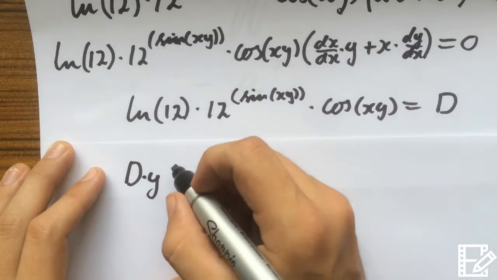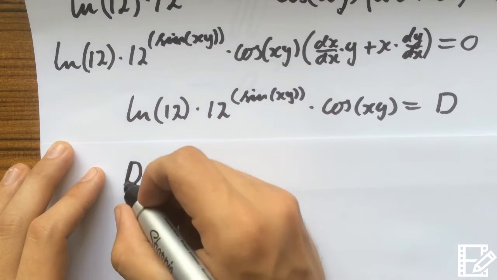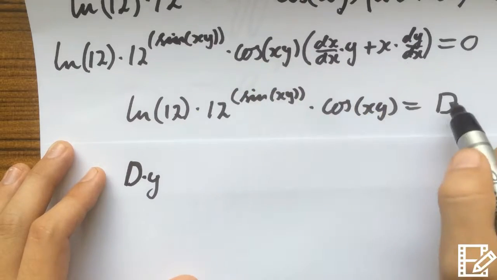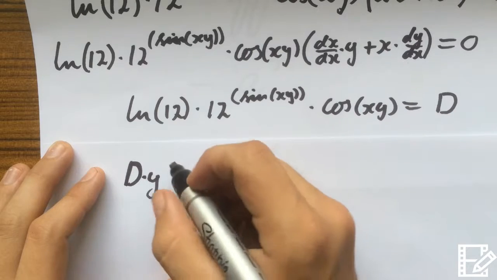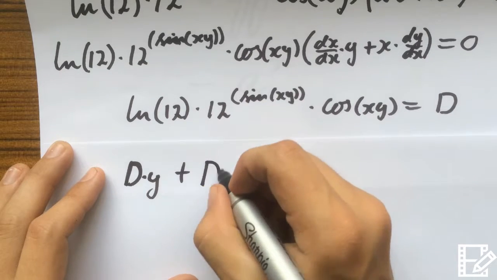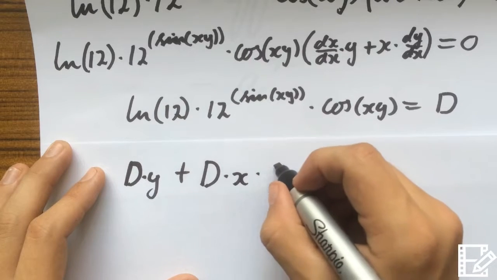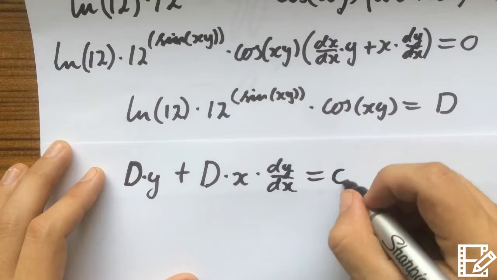Now we're going to have all this again, which we labeled as d, multiplied by x multiplied by dy over dx. So it's going to be plus d multiplied by x multiplied by dy on dx. That'll equal 0.